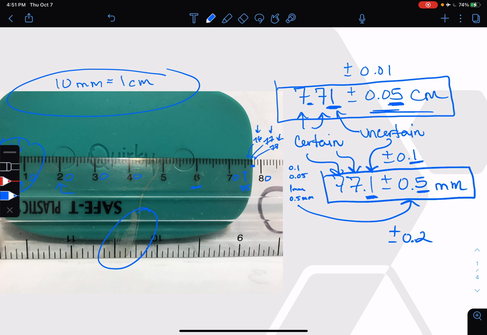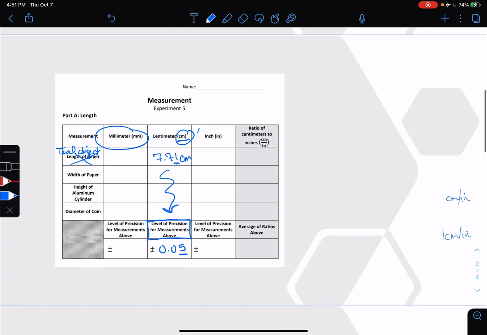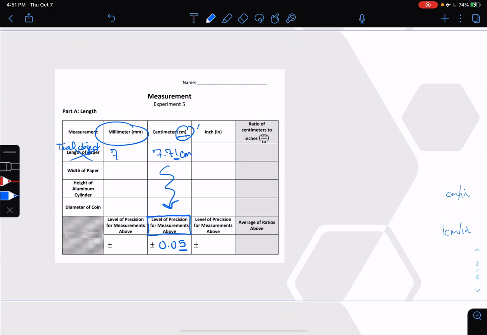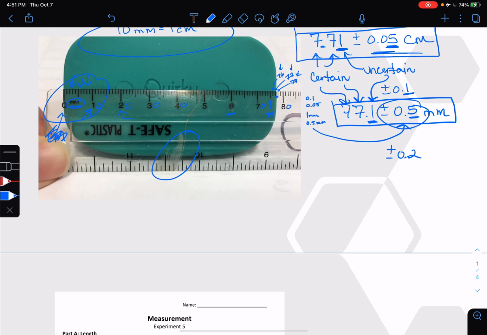And what do we do with this information? Well, we go on down here and we say, okay, 77.1. And you can write millimeters if you'd like, or you don't have to because it's already up here. But watch out because sometimes it's not up there and you'll get docked points. And then for our level of precision, that is this right here.